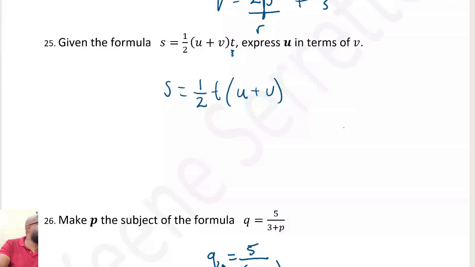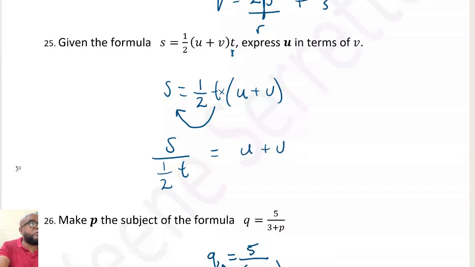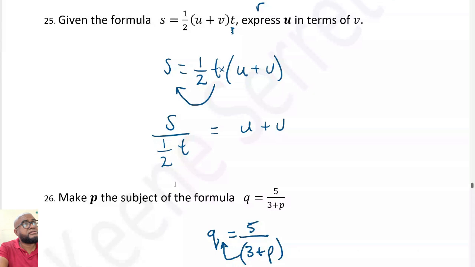What is holding those brackets captive there? What do I need to move? The half T. When I carry 1/2 T here, what do I do to it? No, it's being multiplied here. Divide. So you can drop the brackets down, so it'll be U plus V.